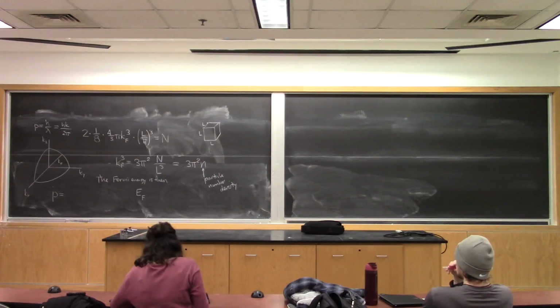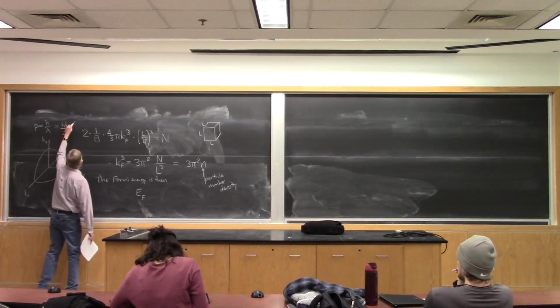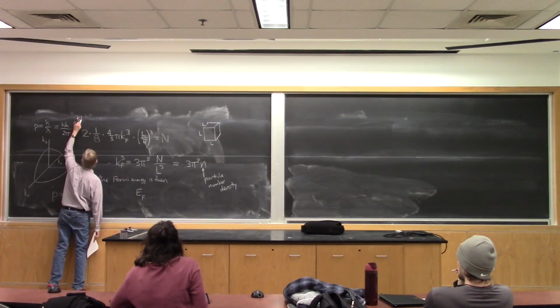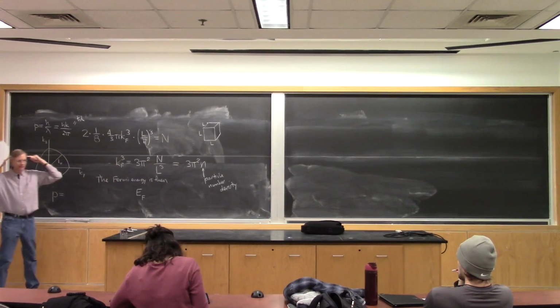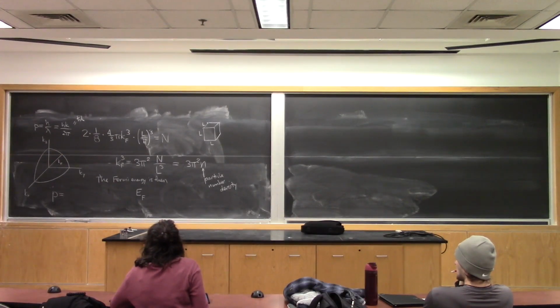And if only there was a special name for h over 2 pi. That's h bar, right? So this is h bar k. Burn it into your brain: p is h bar k, because that just shows up in quantum all the time.